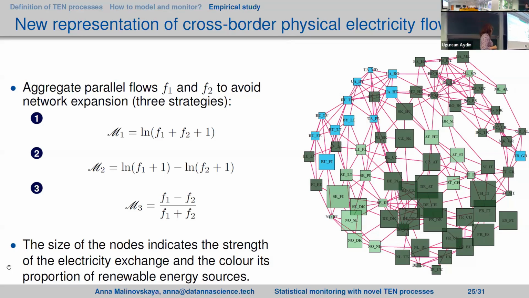And in this representation, the size of the nodes just indicates how strong the electricity exchange is, and the color is a proportion of whether it's more renewable, in which case it's light green, and if it's less renewables, then it's dark green, and if there is missing data, then it's just blue. So this is the legend.